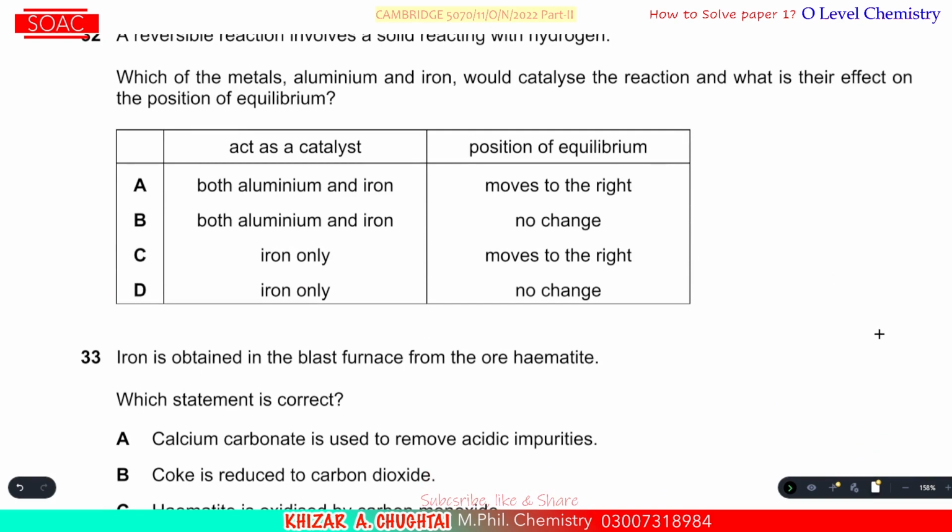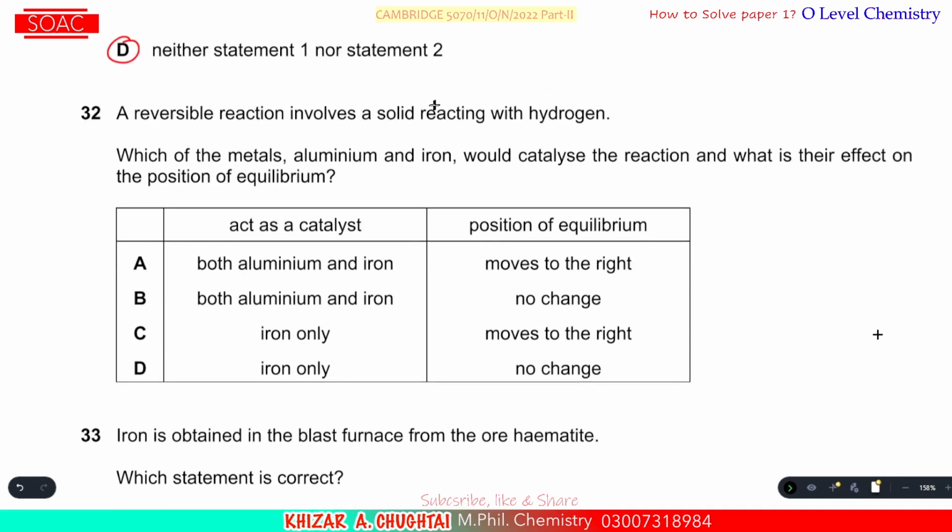Question number 32. A reversible reaction involves a solid reacting with hydrogen. Which of the metals, aluminium or iron, would catalyze the reaction? What is their effect on the position of equilibrium? Basically, a catalyst does not change the position of equilibrium.